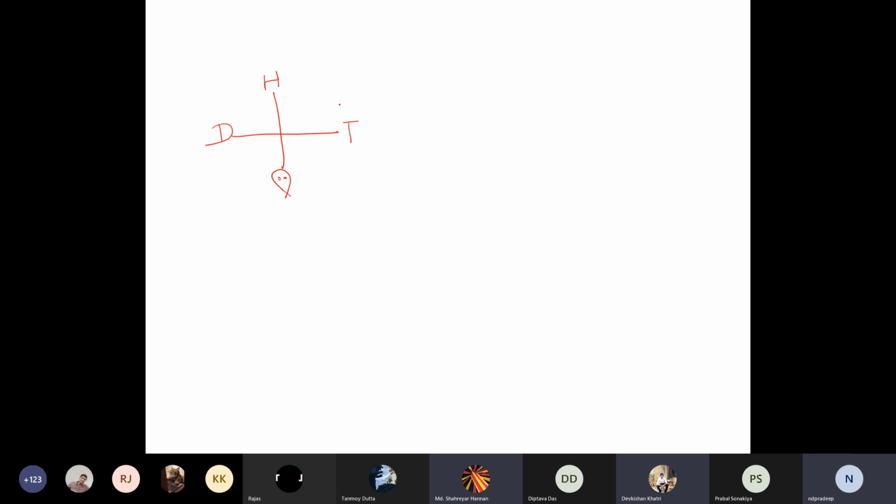Tritium will be first priority, then deuterium, then hydrogen is the lowest, that is 3, 4. Am I right with the numbers? Is it not chiral, I think? It is a carbon center, so it's chiral only, man.